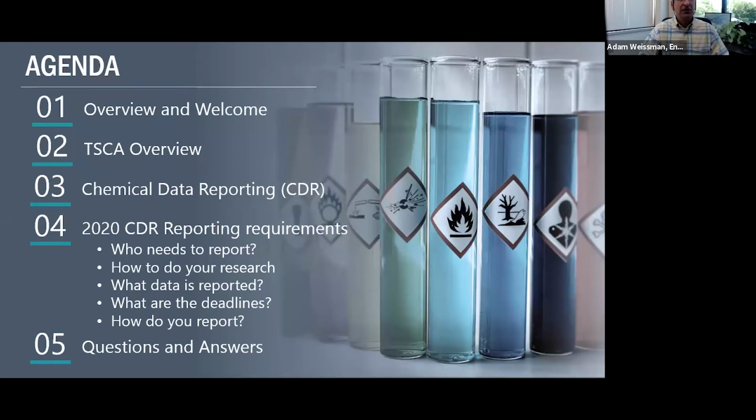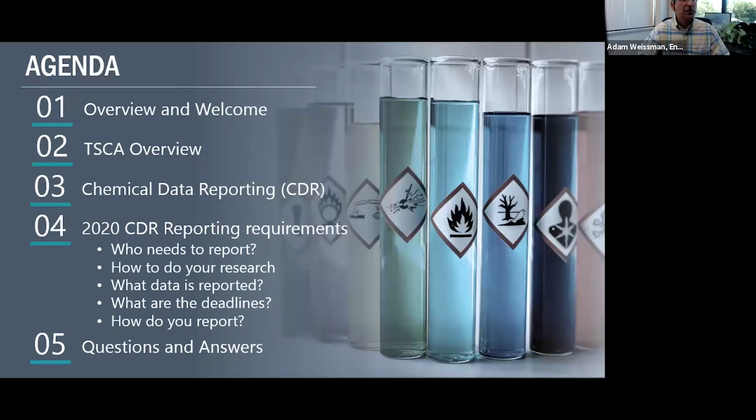The chemical data reporting cycle is now active, and I'm going to get into that obviously. And really, my intention this morning is to give you what I hope is a bigger versus a smaller picture, and give you a feel for the chemical data reporting requirements. Hopefully, at the end of the session, you'll be more comfortable with the chemical data reporting, and be able to answer some of the questions that I put up on the screen regarding some of the basic elements.